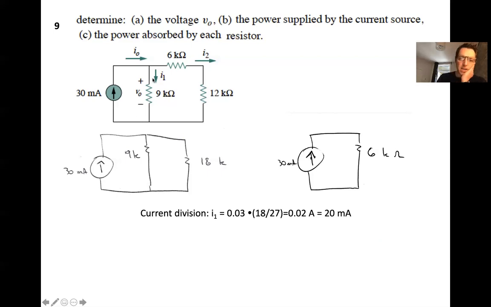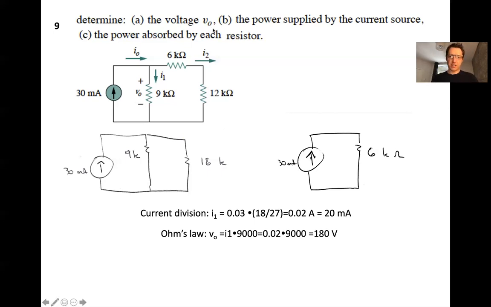So remember that I1 is equal to 18 divided by 18 plus 9, so that's the 2/3, multiplied by the original 30 milliamps. And we know from Ohm's law that V naught has to be equal to I1 times 9 kilo ohms. I1 was 20 milliamps. Multiply that by 9 kilo ohms, and we get 180 volts across the 9 kilo ohm resistor, which is V naught.